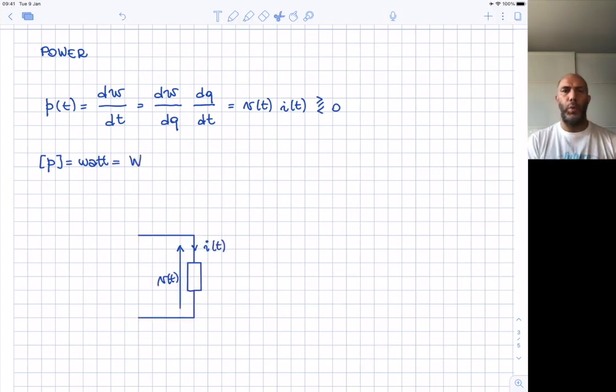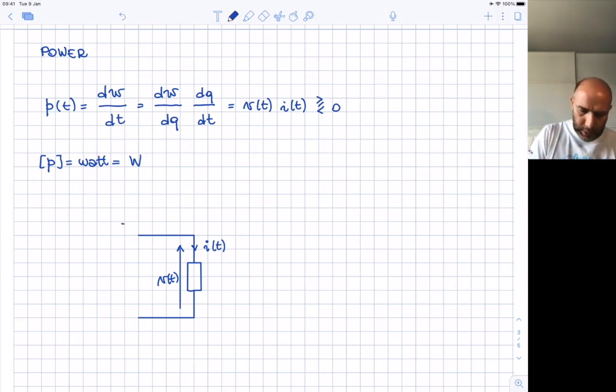Suppose now that we want to measure the power associated to a component. This component is connected to a circuit, so we have a voltage applied to its terminals and the current flowing through the component itself. If we want to measure the power, what we have to do is to measure at the same time the voltage and the current.